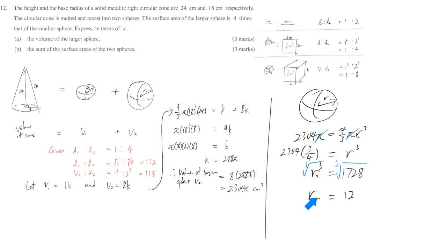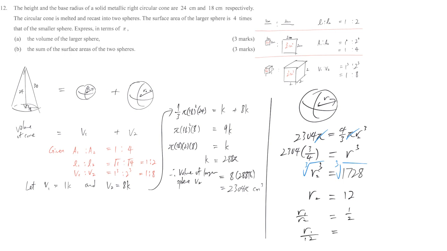So therefore, we can do the same for R1, but you don't need to solve another equation like this. There is a more convenient method, is we have the length ratio already. So no matter what is the radius of the small sphere, it's just 2 times, then we become the largest sphere radius. So that's why R1 to R2 equal to 1 to 2.